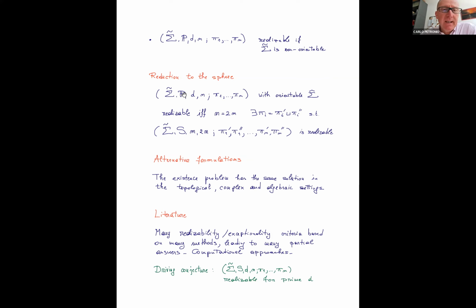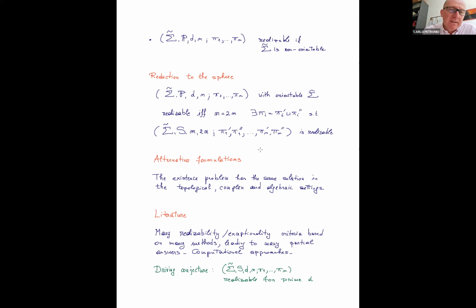And actually in this last case the answer is not always positive, but it's easy to see that the answer is positive if and only if the partitions of D, which now must be an even number 2m, can split, with each pi I splitting as pi I prime union pi I double prime, in such a way that this branch datum is realizable. This is very easy. So essentially, the problem only remains open when the base surface is a sphere.